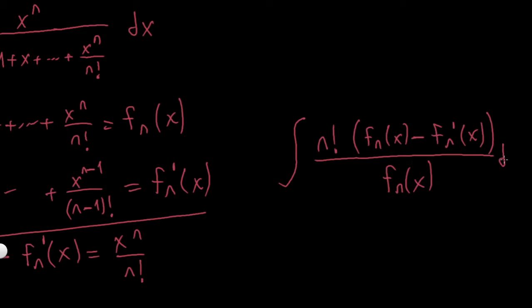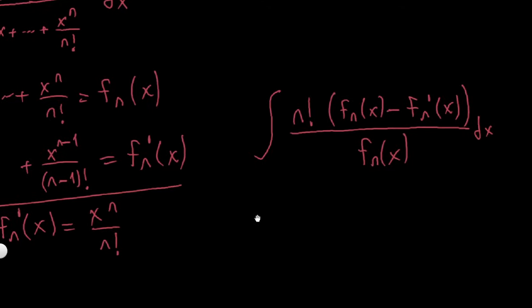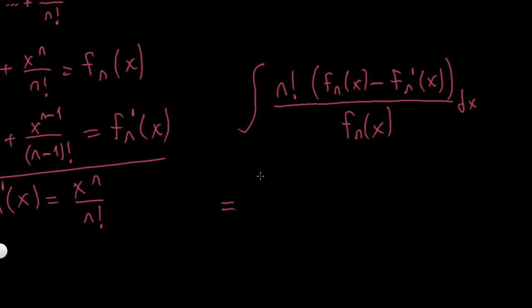And I also have dx. So I can just separate this integral. So I will have this thing, which is n factorial, and it will be minus n factorial times f_n prime(x) over f_n(x).